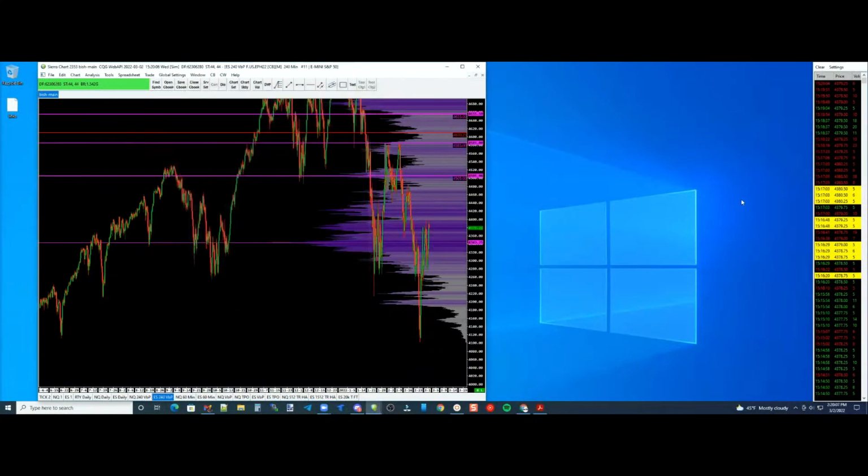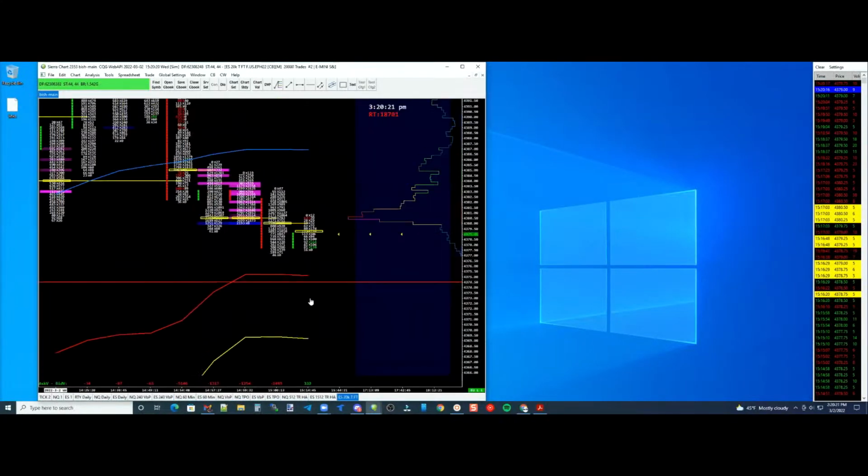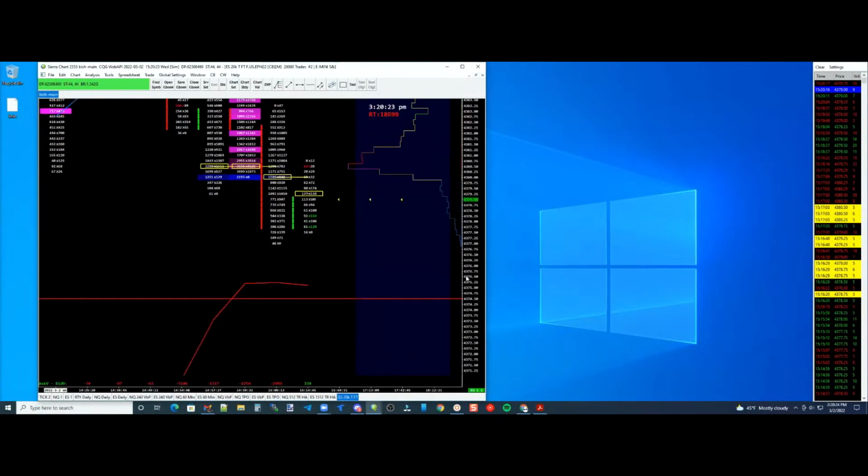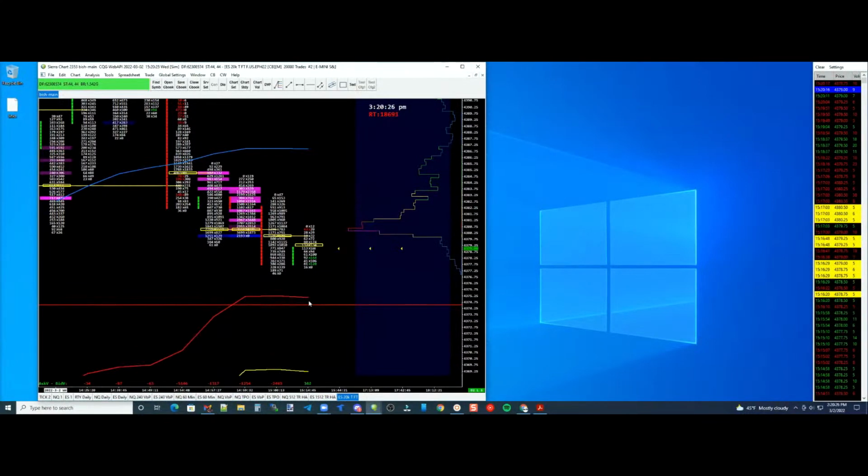But the fact of the matter is that my tape is set up so that at any given time, either I'm staring at it or through my peripheral vision I can always see what's going on while I'm in a trade. That is absolutely critical. Let's say I'm coming back down to the previous day high, which is this level right here.